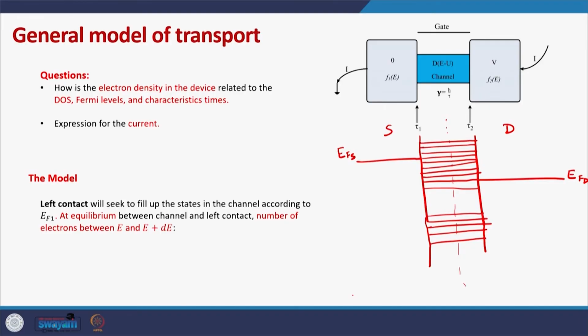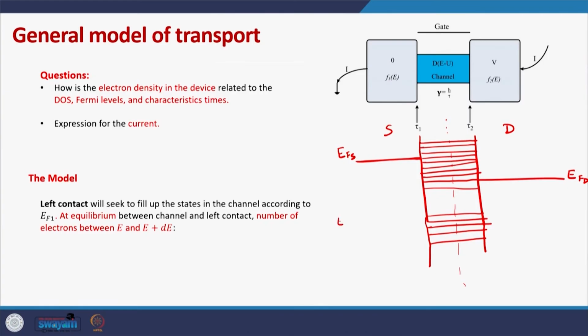In that case, as I told, since the source contact is large, it will try to bring the channel in equilibrium with itself. What it means is that it will try to fill all electronic states in the channel up to its Fermi level.